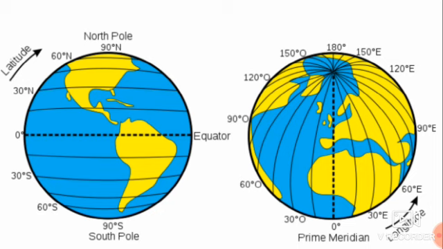The line opposite to it is called the international date line, found at 180 degree longitude. Based on these two lines, the earth is divided into two hemispheres. The one on the eastern side of Greenwich is called the eastern hemisphere and the other is the western hemisphere.